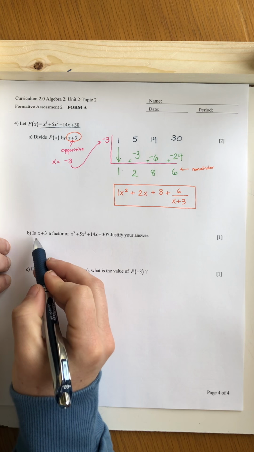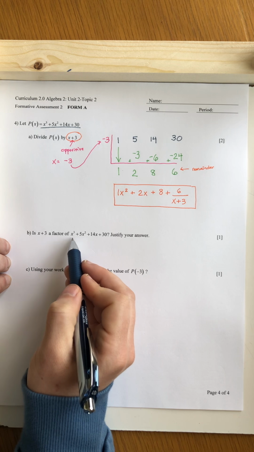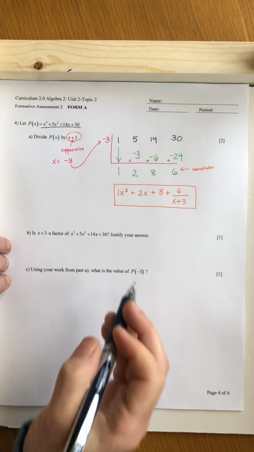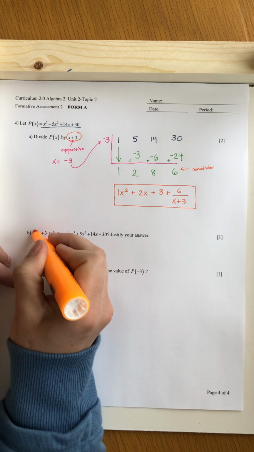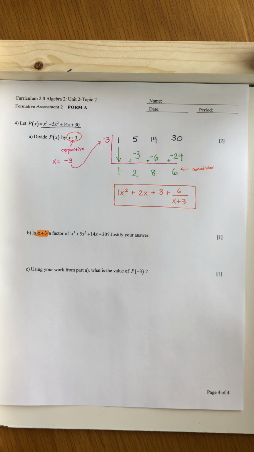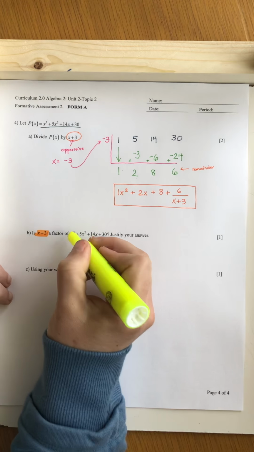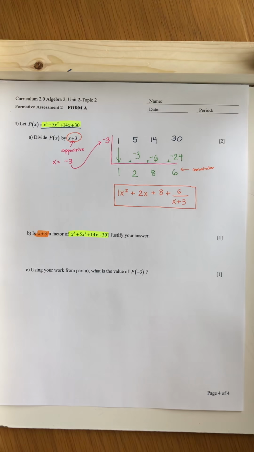Then it asks, is x plus 3 a factor of the p of x equation? So x plus 3 was what I was dividing by. This equation was my p of x. And remember, it is only a factor if the remainder is 0.